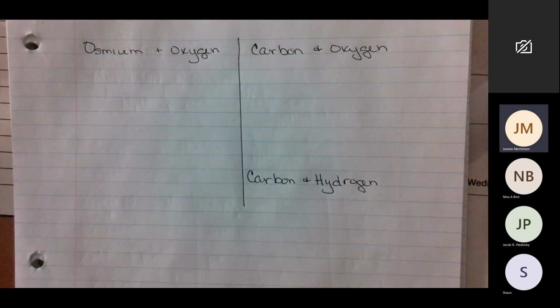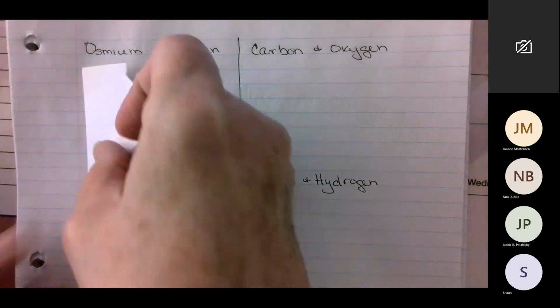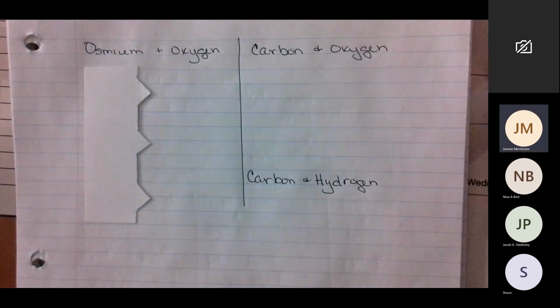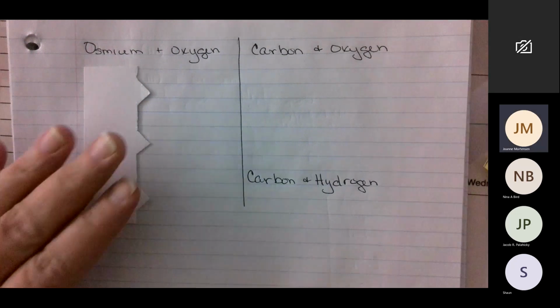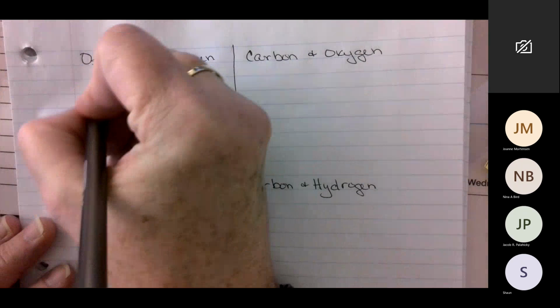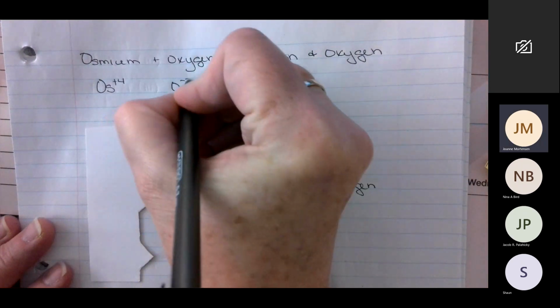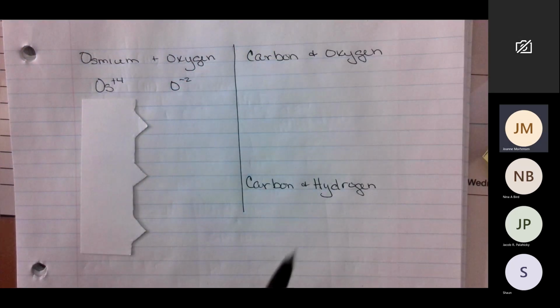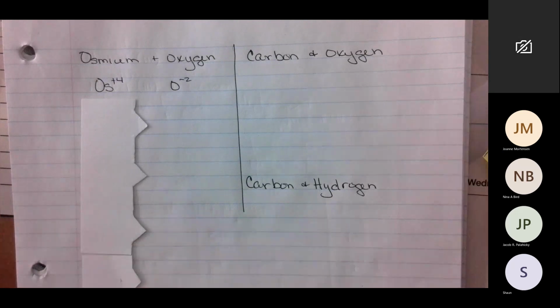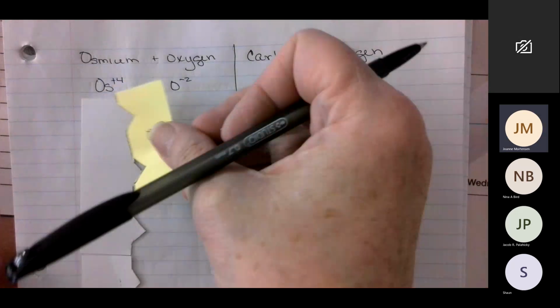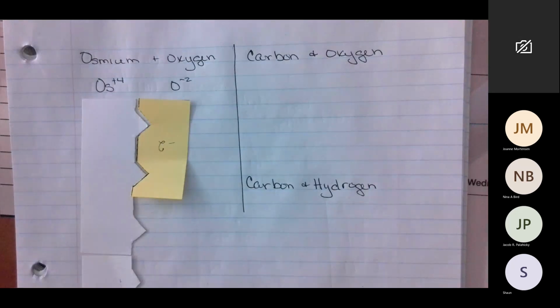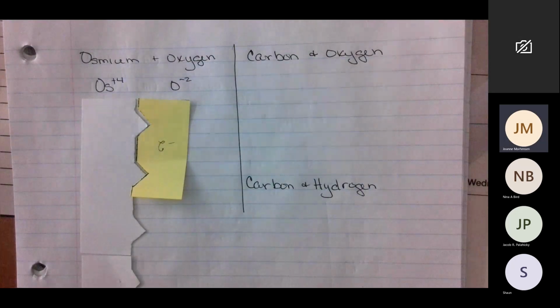All right, so I don't have a -4. So I'm just going to cheat and make one. Whoops, sorry, +4. Os +4, O -2. Here's my osmium. And I need 1. And I need 2, and you already know this. Ta-da. There we go.